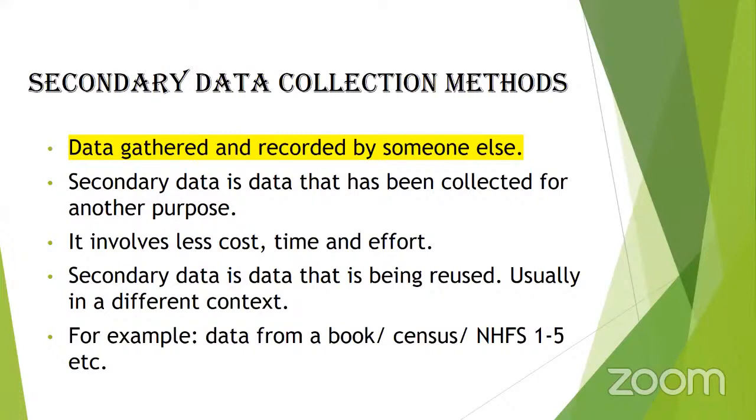The data was primarily collected for hypertension, but now I have access to that data, and I want to answer the prevalence of metabolic syndrome in that particular population, and even find out or document the risk factors for metabolic syndrome. This is how we get secondary data and try to answer research questions which are different from the primary objective of that secondary data collection. So it involves less cost, less time, less effort.